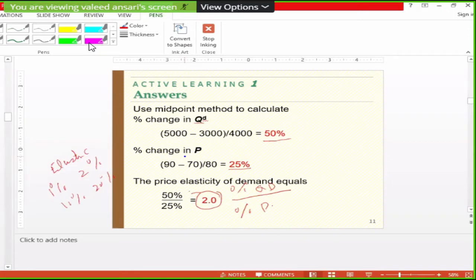And that is why the response of the quantity demanded to the change in price is a very important factor. The relationship is well known, that price and quantity demanded are inversely related, but this gives a number. You will get a coefficient, for example, if it is 50-50, then the coefficient will be 1. If it is like the case I have already taken, if it is 40-50, it will be less than 1.